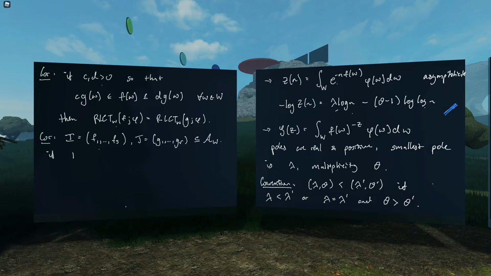If I is a subset of J, then the RLCT on W of the sum of the f_i squared is less than or equal to the RLCT of the sum of the g_j squared.